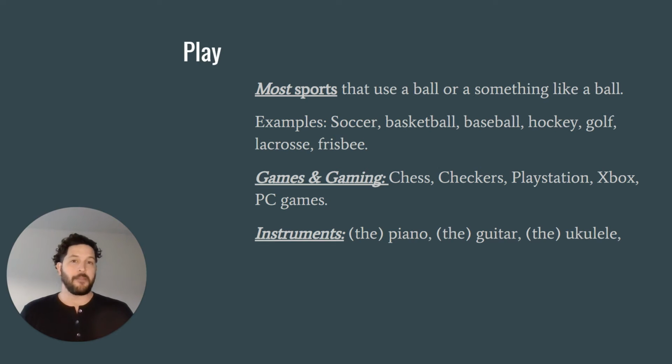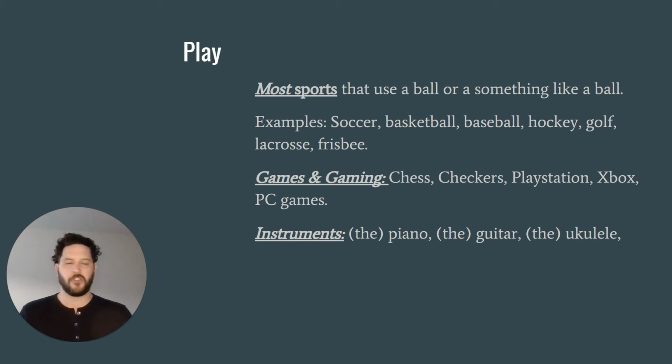Okay, so we play the piano, or we play the guitar, or we play the ukulele, the drums, any musical instrument you play. Now, when you use an instrument, you can say play the piano or play piano. It's fine. You can choose whichever one you're most comfortable with. So that's how we use play.